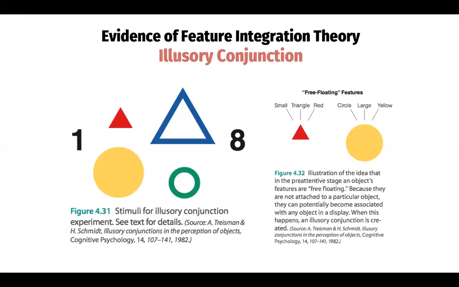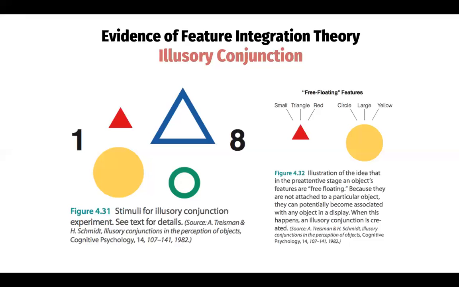And according to Treisman, illusory conjunction occurs because in the pre-attentive stage, each feature exists independently of the others. That is, features such as redness or curvature or a tilted line at this early stage of processing are not associated with a specific object.